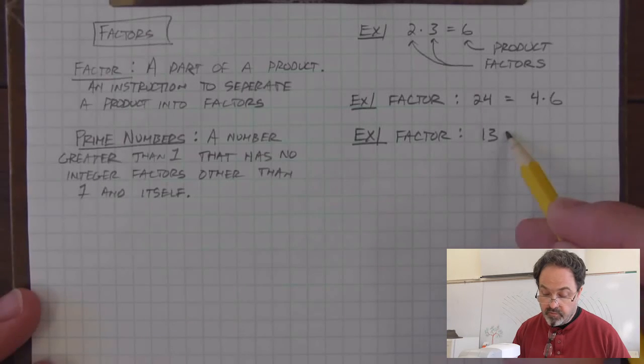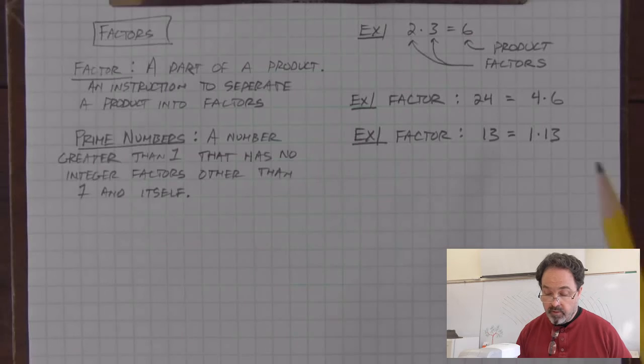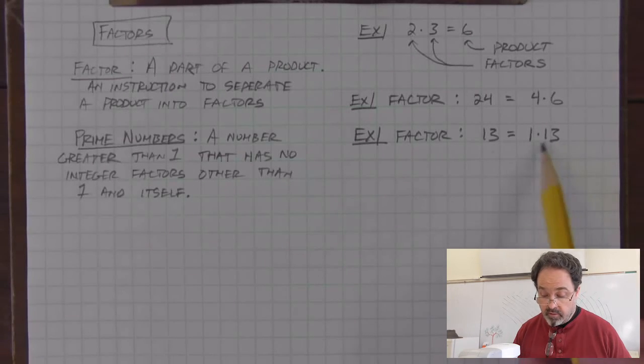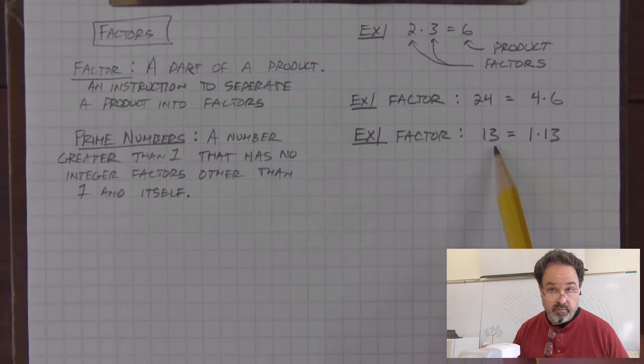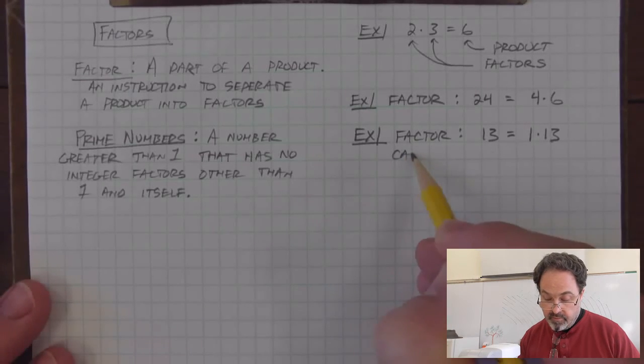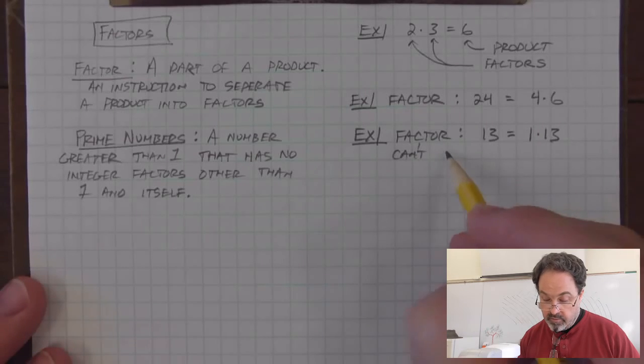The only way to express 13 as a product is to use its only factors, 1 and itself. And this isn't helpful because we didn't get anywhere. Our product includes the number itself. So we didn't find any parts to 13. We didn't break 13 down into different factors. So we could say, can't, 13 is prime.